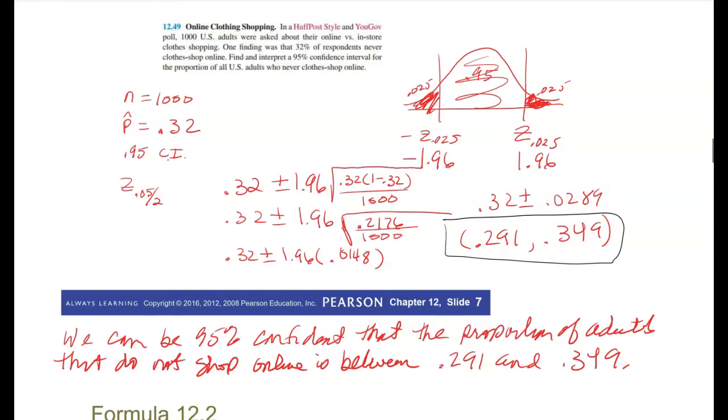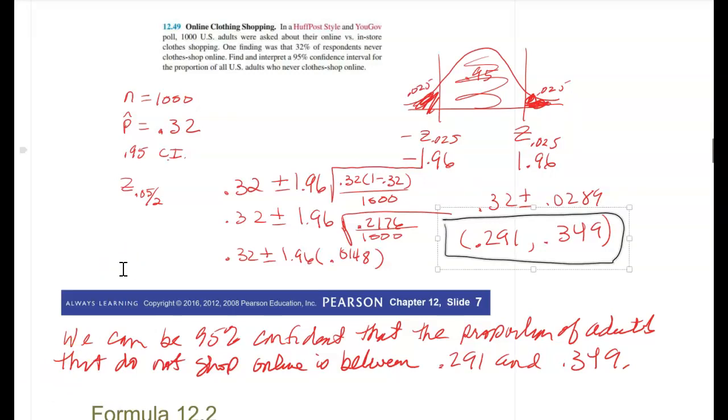And also don't forget your interpretation. There's always an interpretation in a confidence interval or a hypothesis test. So the interpretation here is basically we can be 95% confident that the proportion of adults that do not shop online is between 0.291 and 0.349. Of course, you can also state this as a percent.